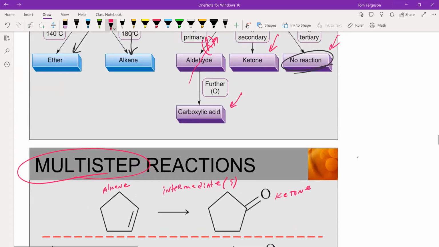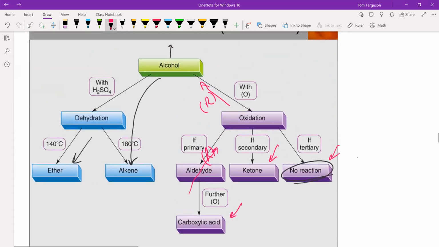So going to our chart here, there's a ketone. And to get a ketone, you've got to oxidize an alcohol, get the ketone. To get an alcohol, one of the ways to get an alcohol is with an alkene.